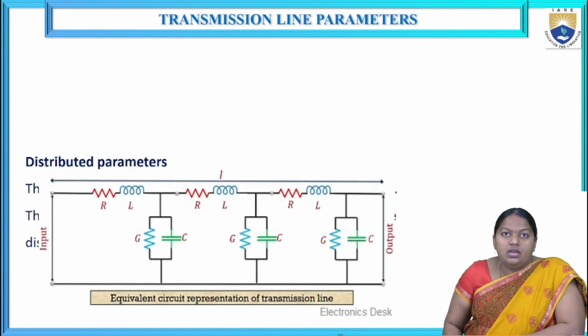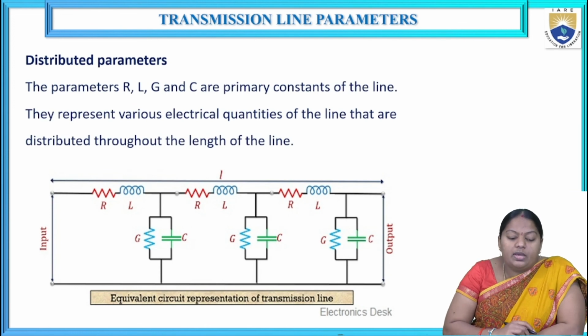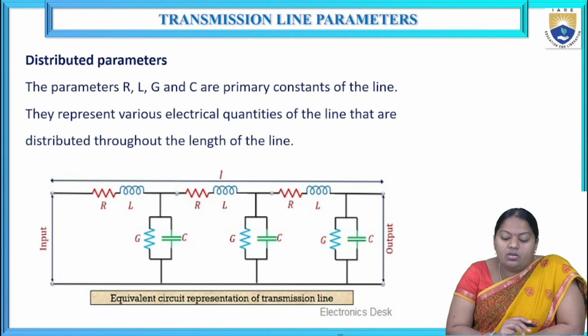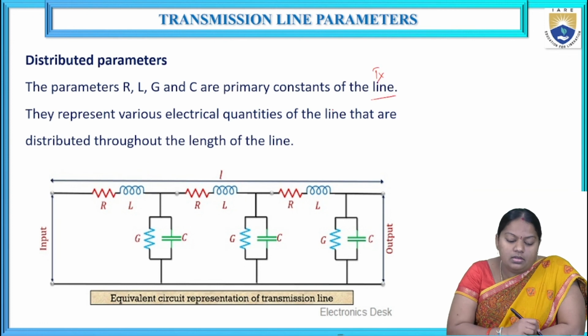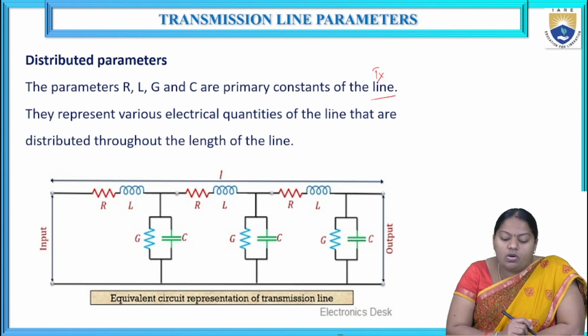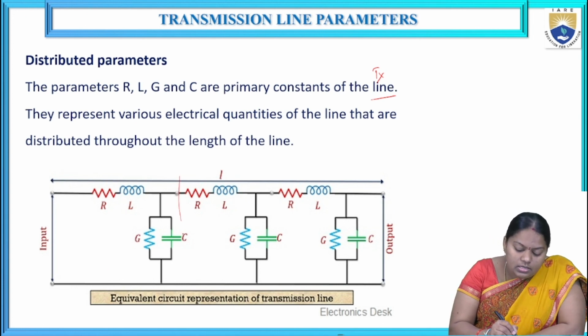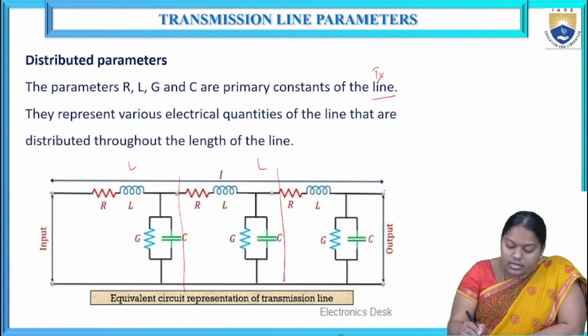Then next is the distributed type of parameters. The parameters R, L, G, C are called the primary constants of a transmission line. They represent various electrical quantities of the line that are distributed throughout the length of the transmission line. This is one lumped section, this is another lumped section, and this is another.